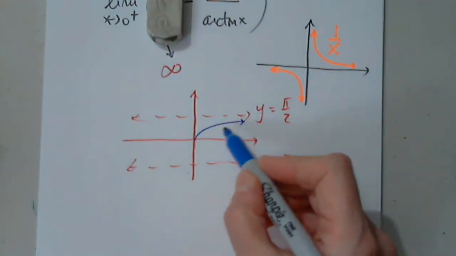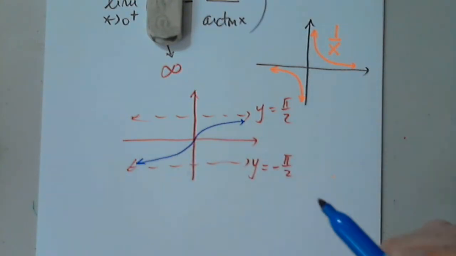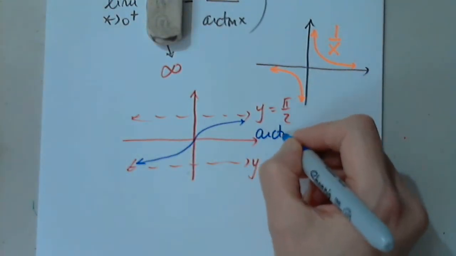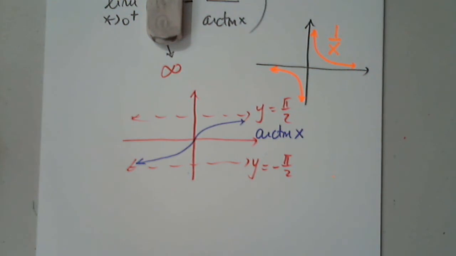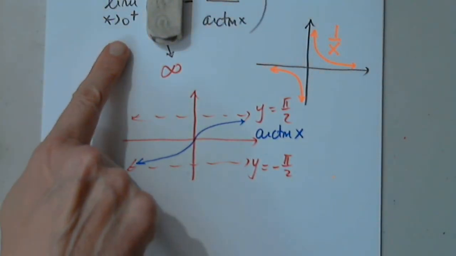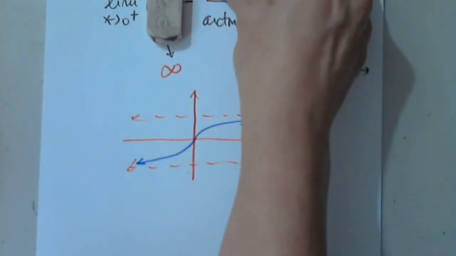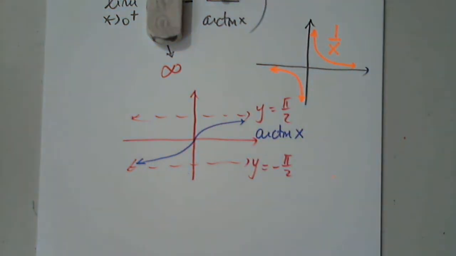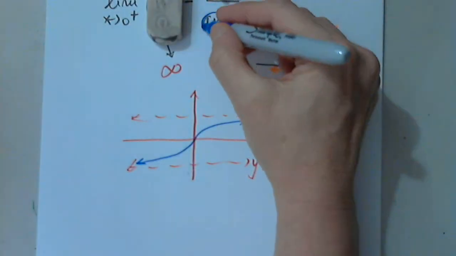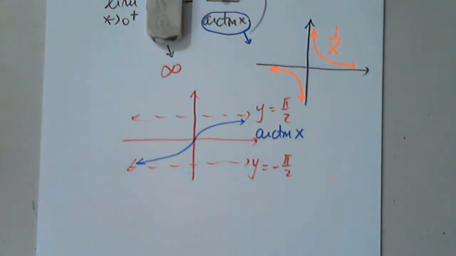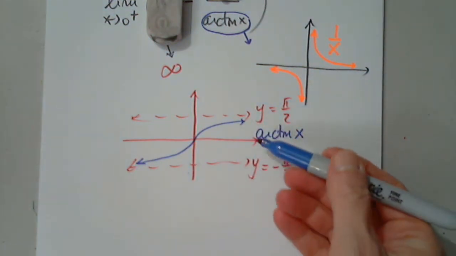Something like this. So this is arctangent x. As x approaches 0 from the right, where is arctangent going? But it's 0, right?